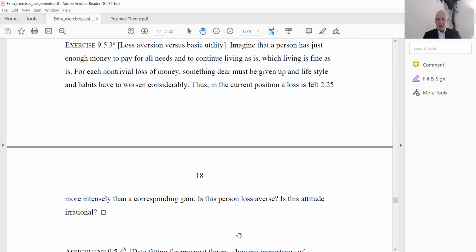It is possible, maybe, that basic utility sometimes has kinks, that kinks need not always be loss aversion. But in general, if there is such a real kink, it would be very coincidental if it was exactly at what the person is perceiving as the reference point, often the status quo. And that's so coincidental that usually we don't believe it.